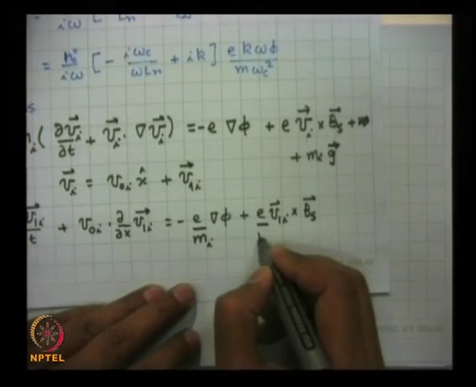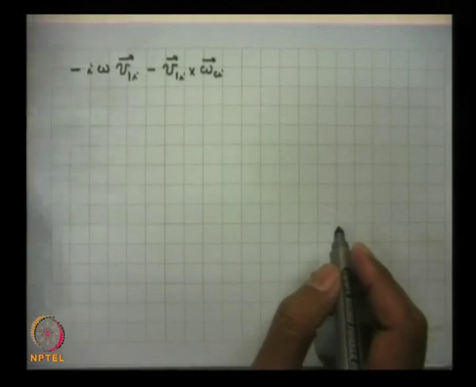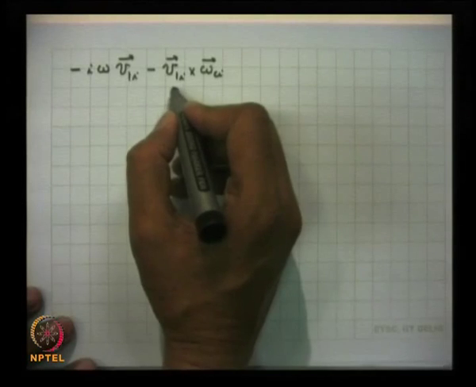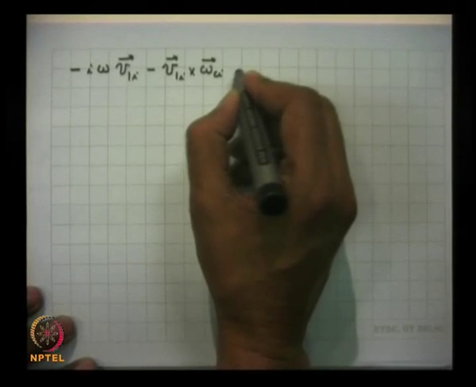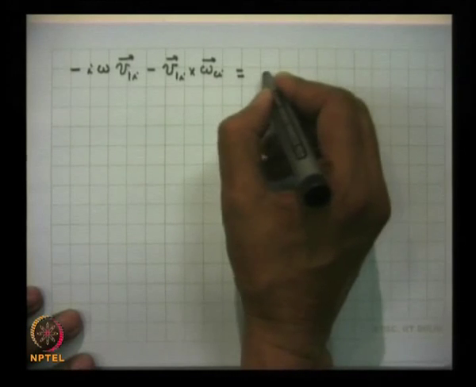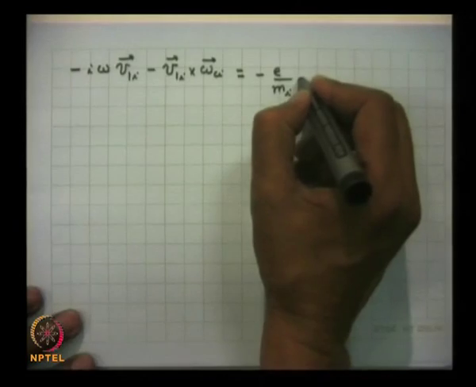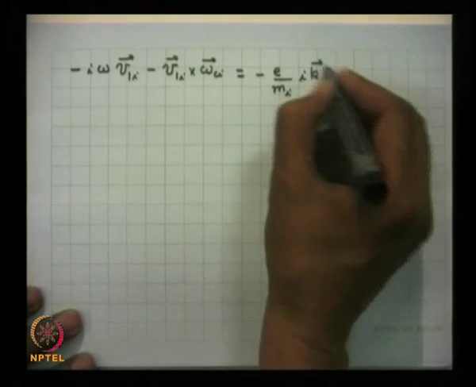I think I made a mistake over mass here as well, there is a mass there also. So, what you get here is right hand side of the equation of motion becomes minus e upon mi i k phi.